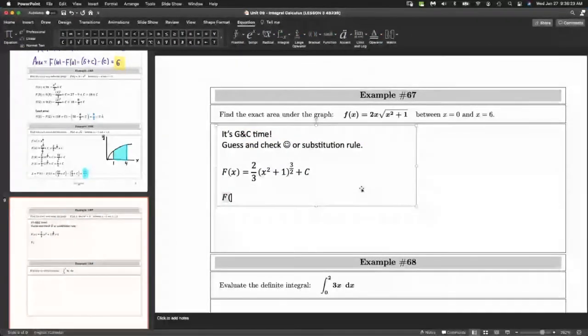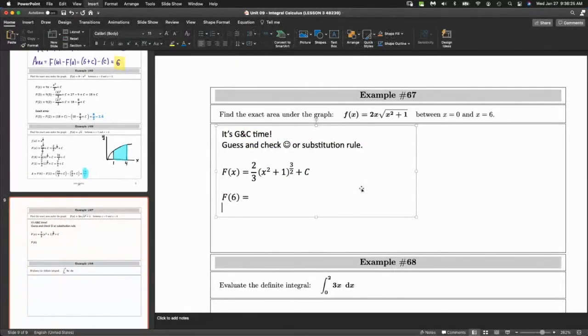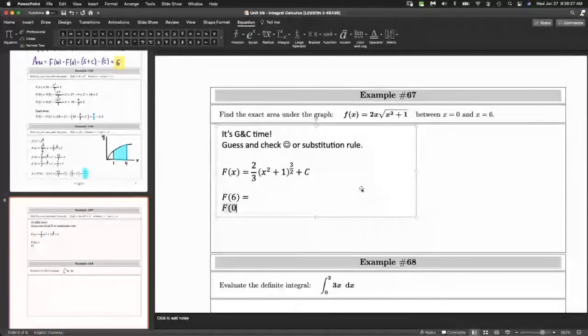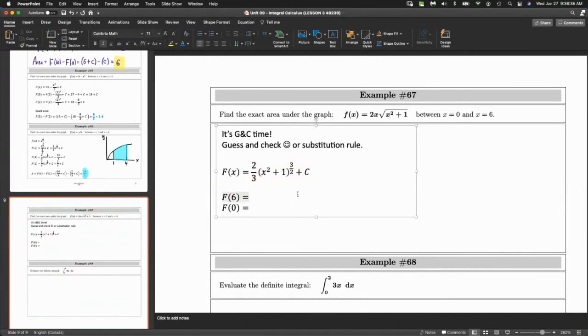And we're going to plug in the value 6 and the value of 0. If you put 6 in here, it's going to be ugly. So I'm going to make this ugly looking number here the best I can. That's 2/3, 37 to the 3/2. No one said math was pretty all the time. I think math's always pretty.